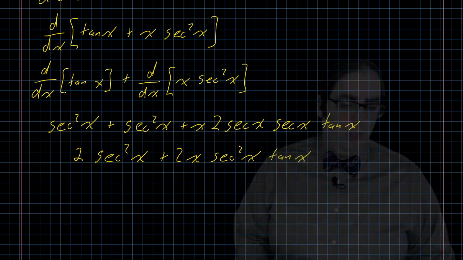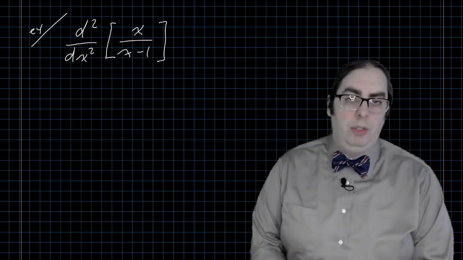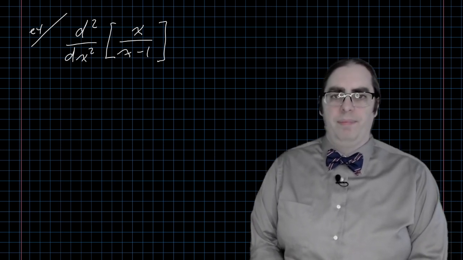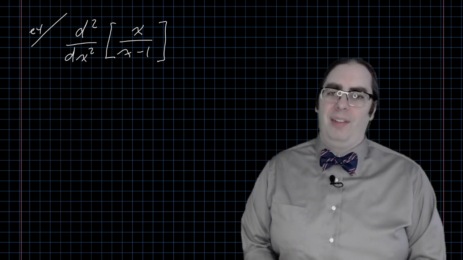Let's end with one for you to try on your own. I'd like you to find the second derivative of the rational expression x over x minus 1. Take a few minutes, see what you can do with that, and I'll see you in the next video.